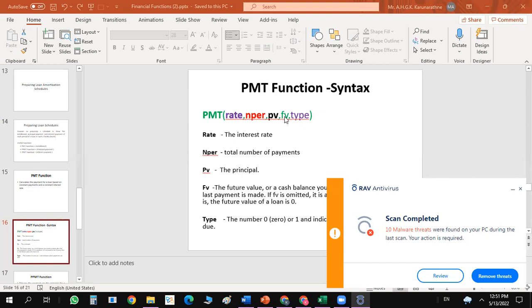At the end of the loan period, your loan will be fully settled, and the loan balance will become zero. You are not going to receive any cash balance from the bank, because you just repaid your loan. You are debt free, and you just have the happiness, but you don't have any savings.